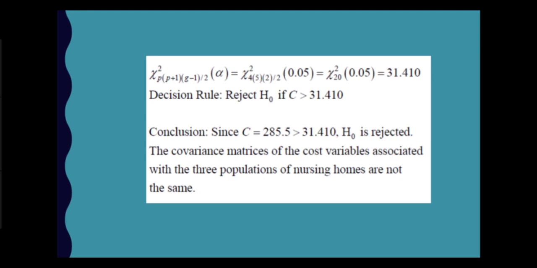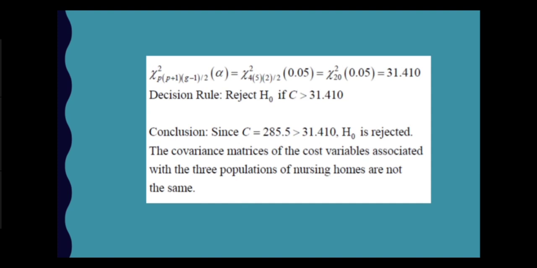So what can we conclude from this decision rule? We can say that the covariance matrices of the cost variables, because our variables were cost, 4 costs, associated with the 3 populations of nursing homes are not the same.